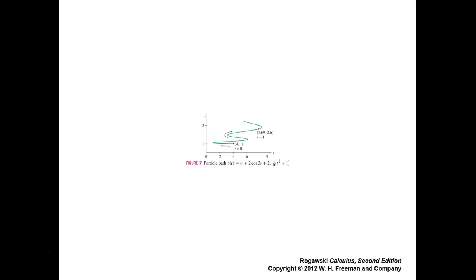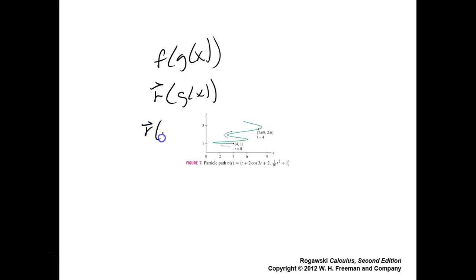Remember, your chain rule, in scalar form, would be f of g of x. Now, with vector valued functions, you could do r of g of x. But there's no way you could do r of v of x or t or something else like that, because a vector can't be a function of another vector.